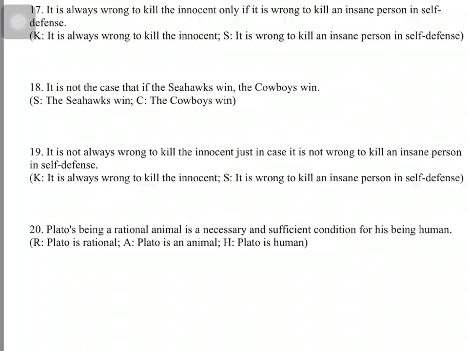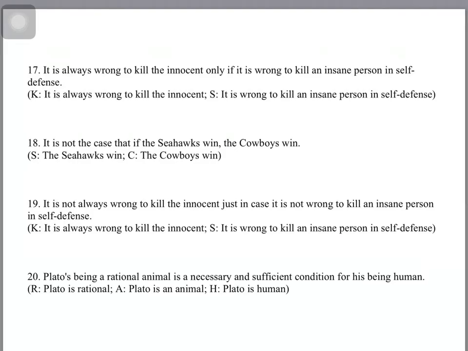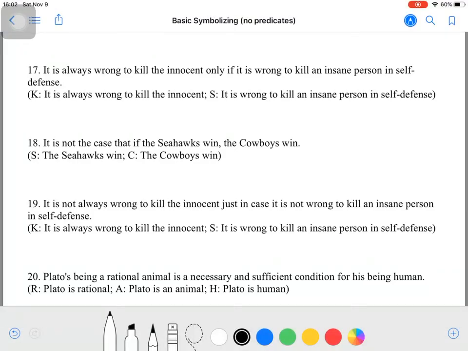Let's go on to these ones. It is always wrong to kill the innocent only if it is wrong to kill an insane person in self-defense. So these are longer statements, but they're still just statements.